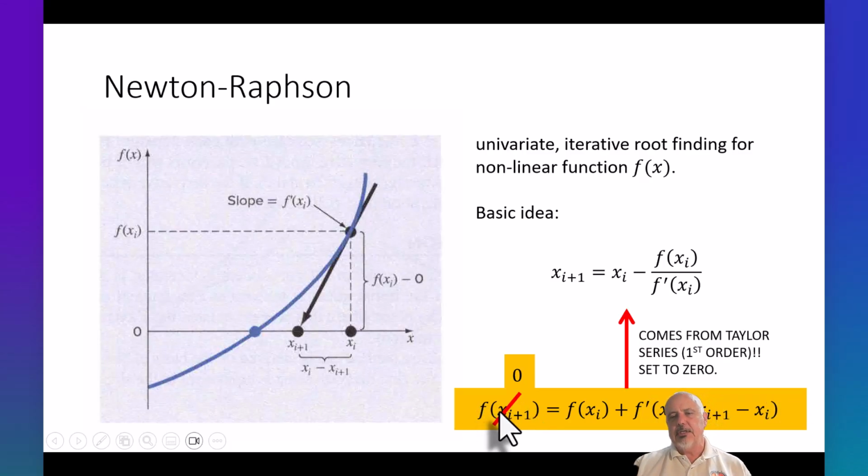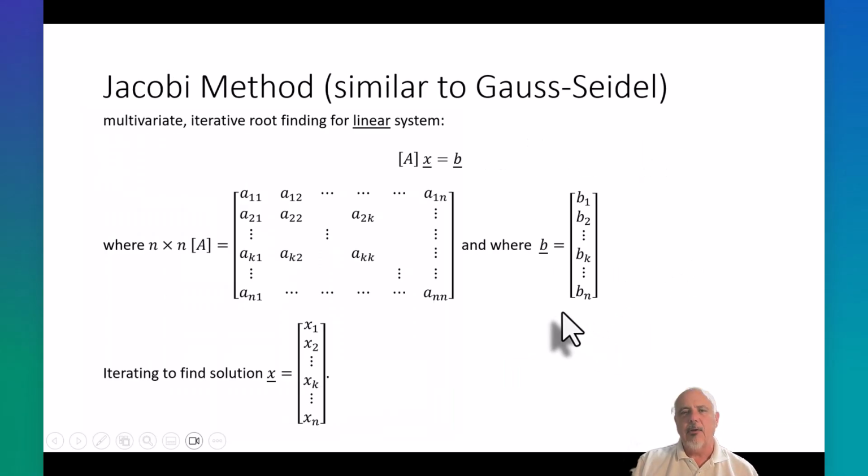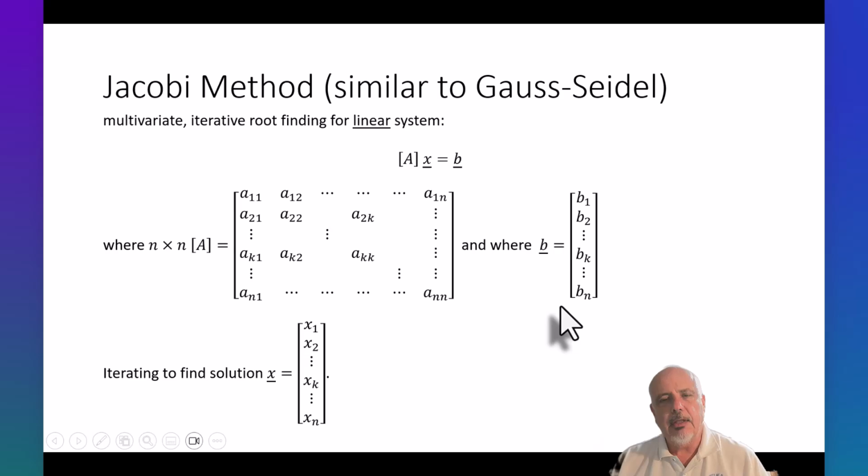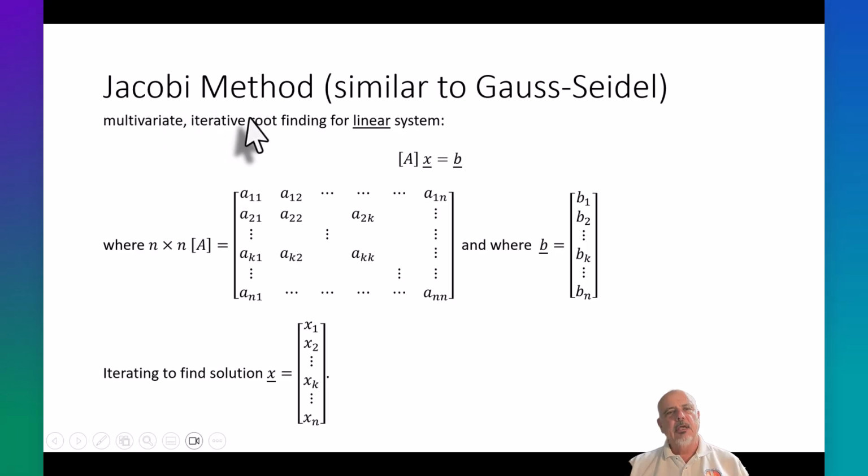So you set that to 0, and you basically just solve this equation for x i plus 1, in other words, the next iteration. So that's where it comes from right there. Okay, so that's the univariate Newton-Raphson.